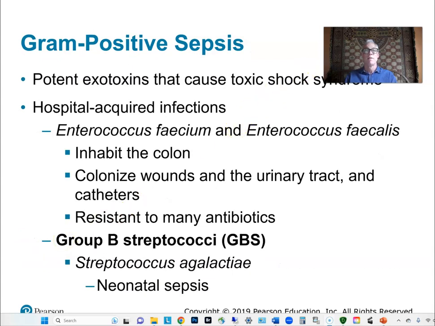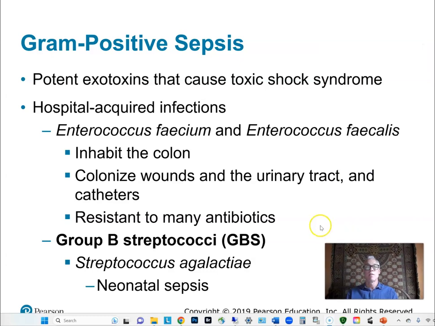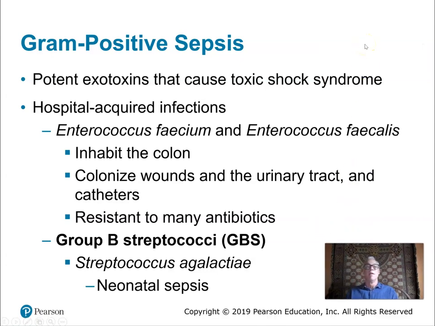All right. Gram-positive sepsis. A lot of gram-positive bacteria produce exotoxins that can cause toxic shock syndrome. Enterococcus faecium and Enterococcus faecalis are common residents in the colon, but in the healthcare setting, they're everywhere, right?